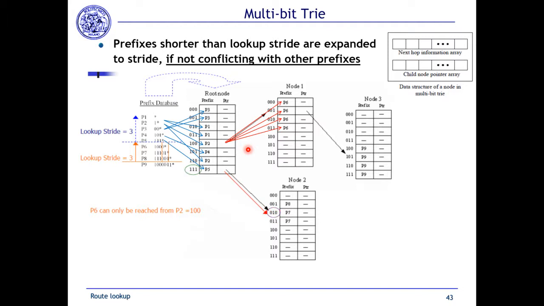Here there are 6 copies of P6, then 2 copies of P7 and P8, and finally in node number 1 you have the pointer to node number 3, which is the last piece of the original trie, where you have the expansion and the projection of P9 forming 4 copies. Okay, so this is the rule.